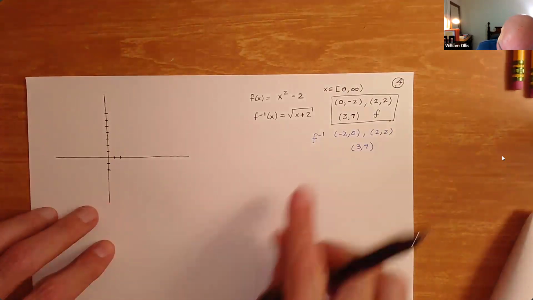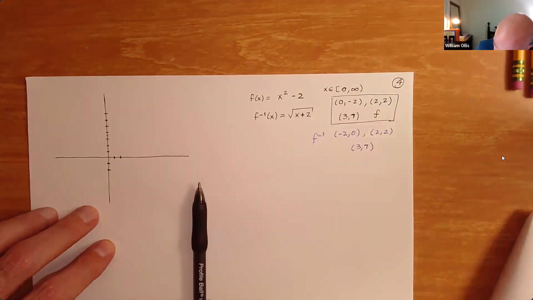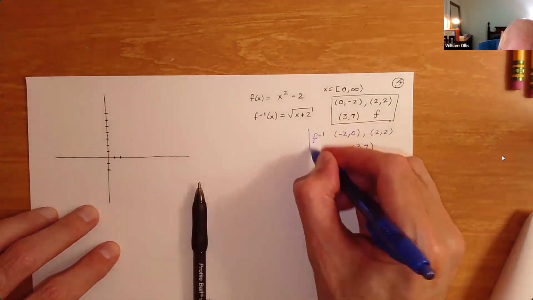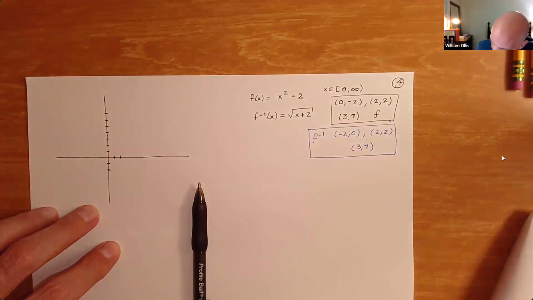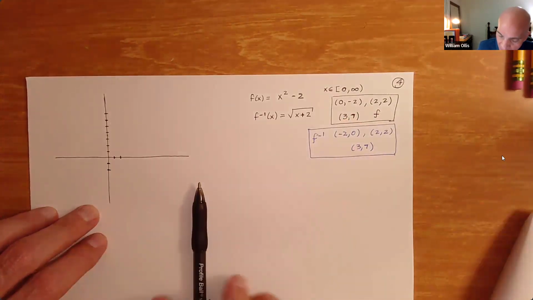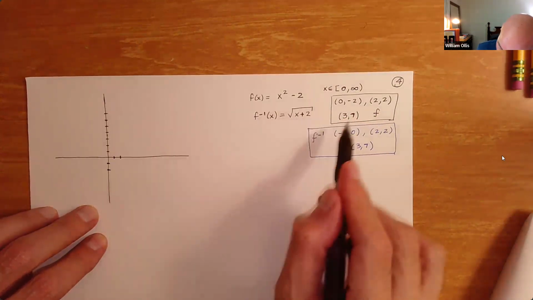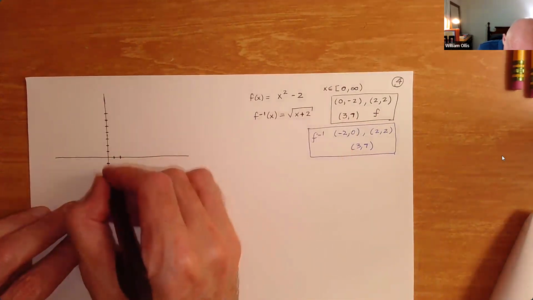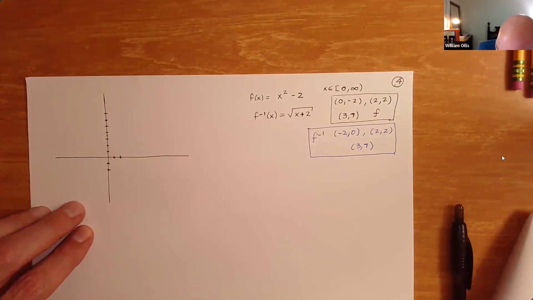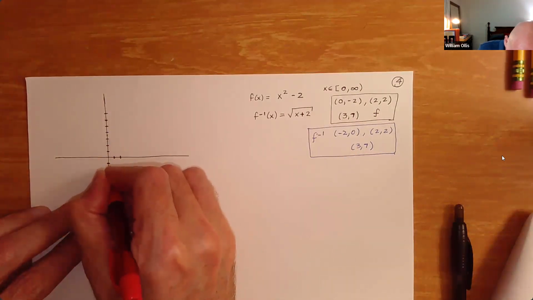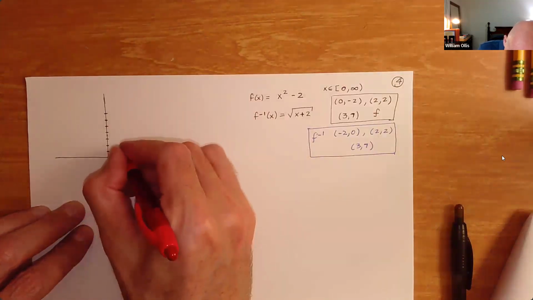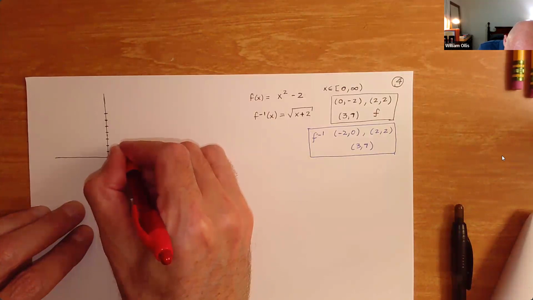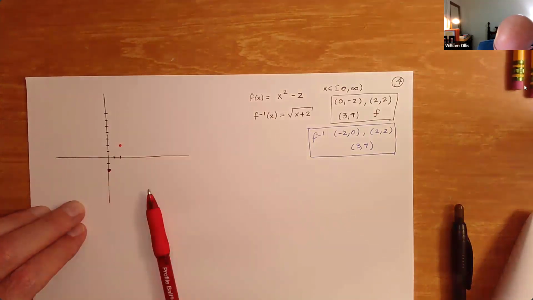So now let's go ahead and plot both of these, and I'll put this in a blue box. You don't have to write these out, but it just kind of reinforces the idea of the reflective property. So now we have 0, -2. I'll go ahead and do the first function in red. So 0, -2, and then 2, 2. And then we've got 3, 7.